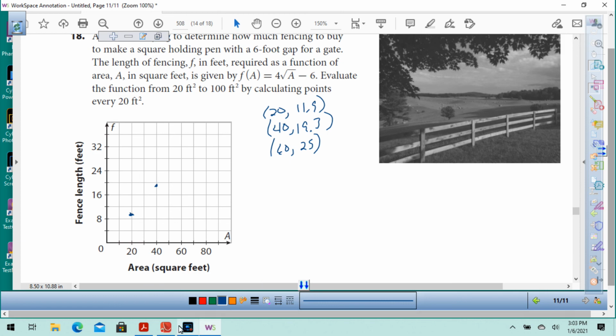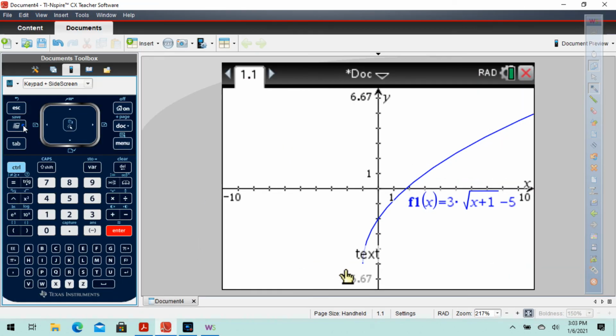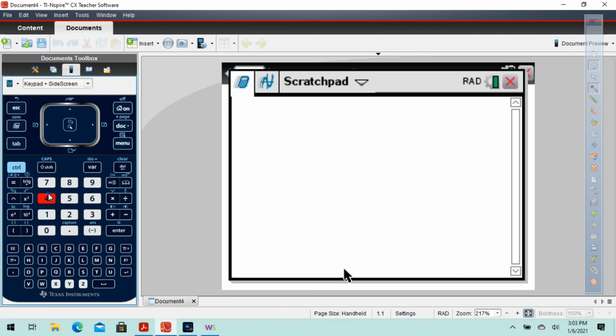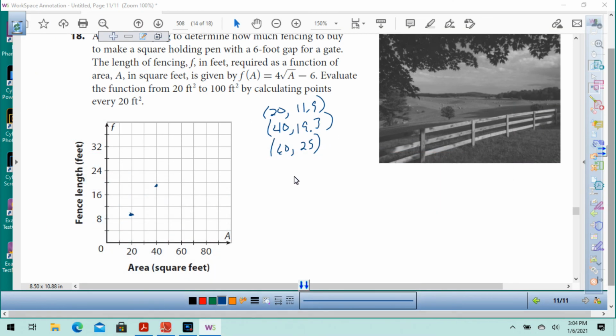And I'll just show you what you got: 4 times the square root of 40, and then it was minus 6, and that gives you 19.3. All right, so that's how that's working. And the 60 gives you 25. We'll say 25 is about right in there.